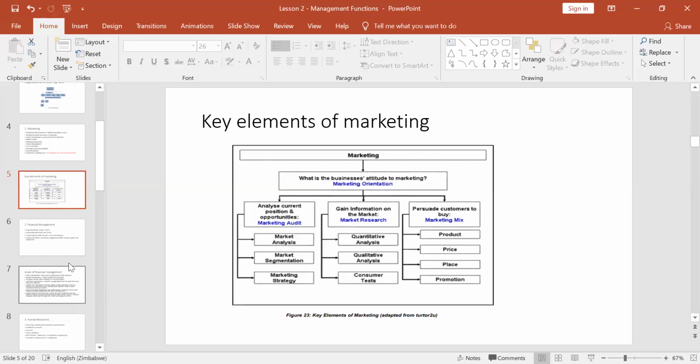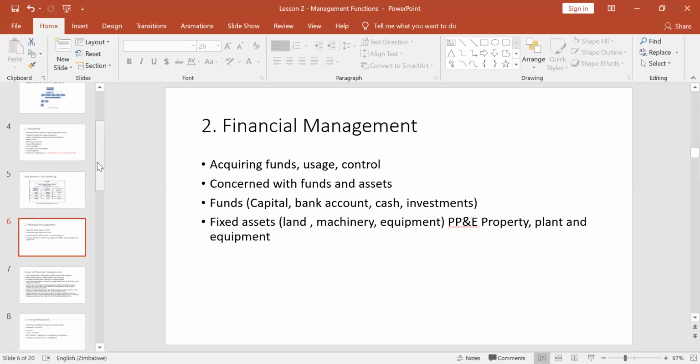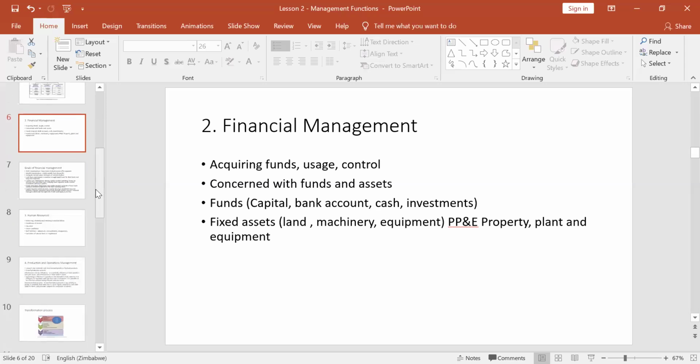Then besides marketing, we also have the financial department. The financial department is concerned with acquiring funds for the organization. If the organization is running out of funds, they are the ones who know where to get loans, how to get loans, how to increase the equity of the organization.